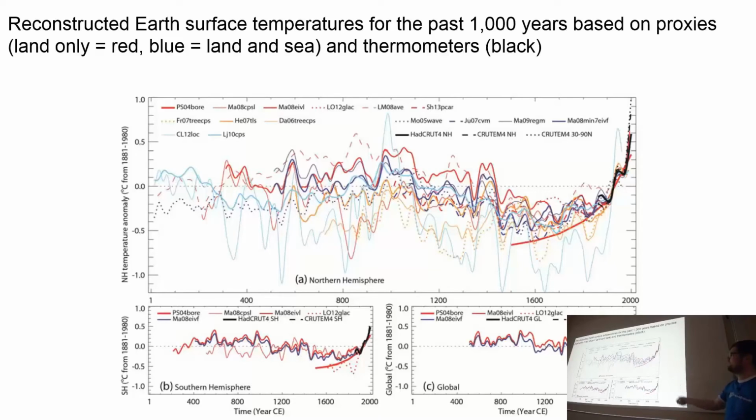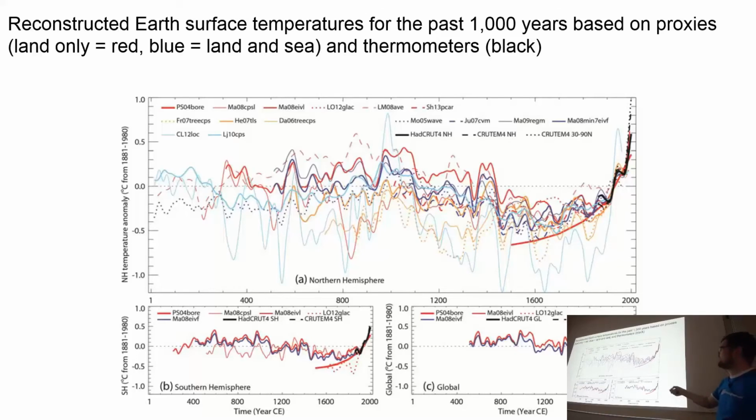All of the wiggles on here, the different colours refer to, I think, different combinations of either land and sea data. I think the thick lines are where they've just got land data, and the thin lines are where they've got data from the ocean as well.